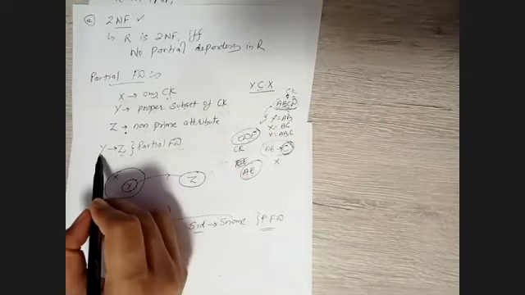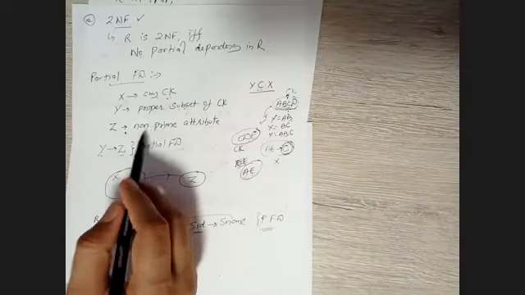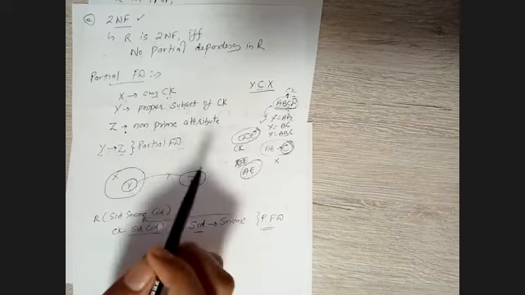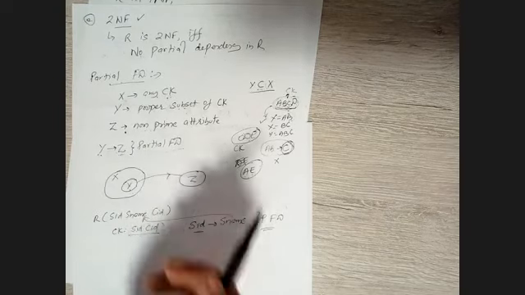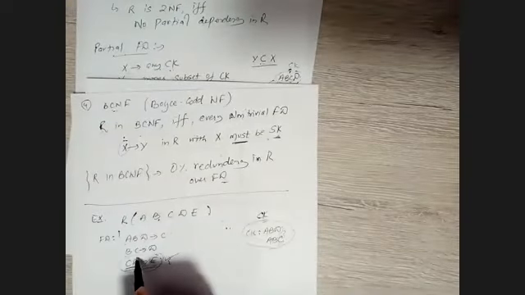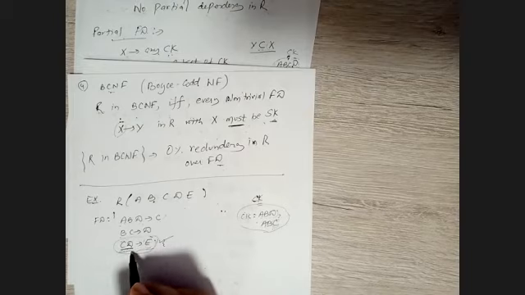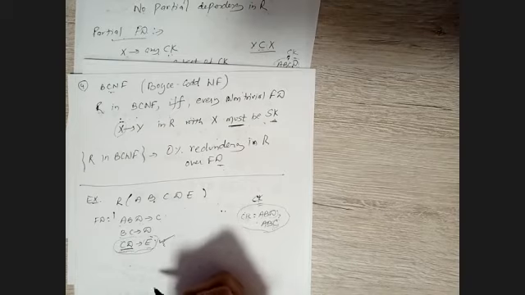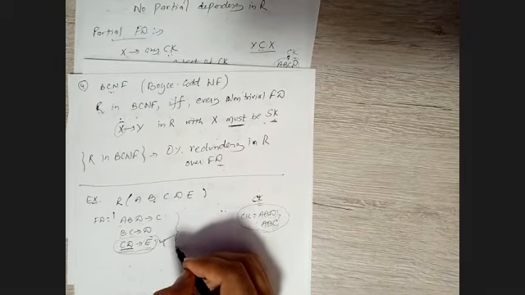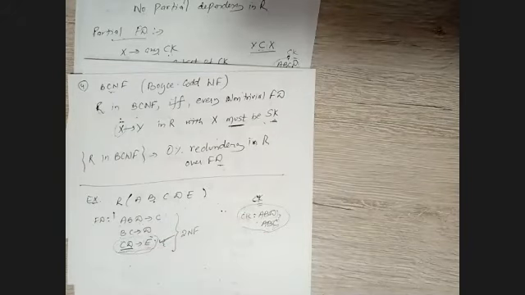If Y is a proper subset of the candidate key, and if Z is a prime attribute, that other scenario for Z can be a prime attribute, it is in 2NF. Right? So in this question, CD is not a proper subset, but E is non-prime, okay. That's nothing. That's fine. Right? Since this is not a proper subset, this is in 2NF. Right? So every functional dependency satisfies 2NF. So by default, it will be in 1NF. Right?